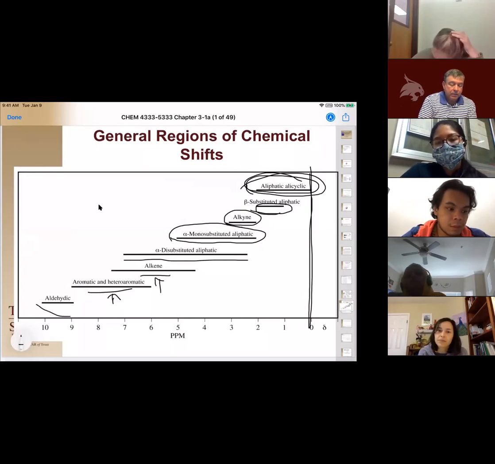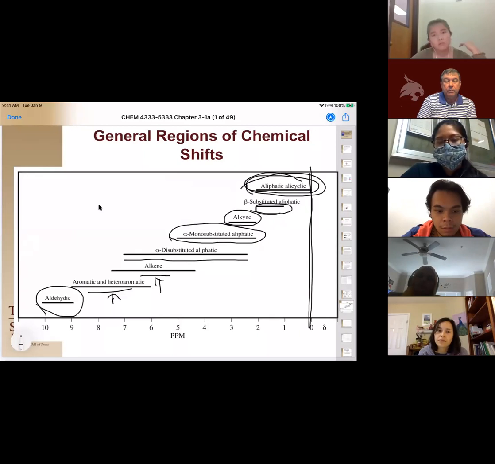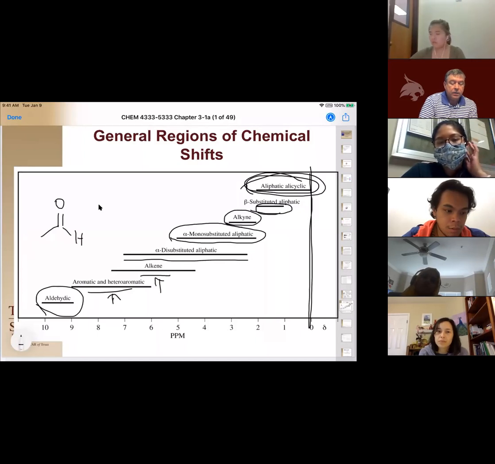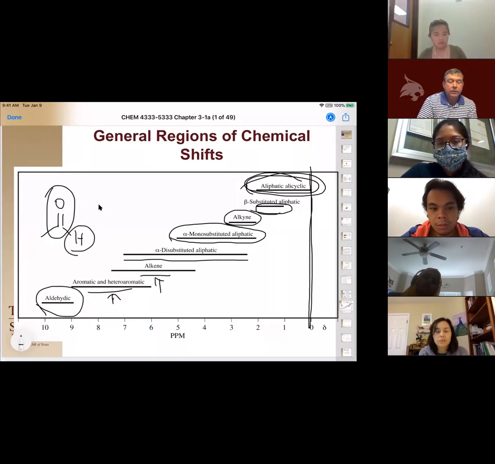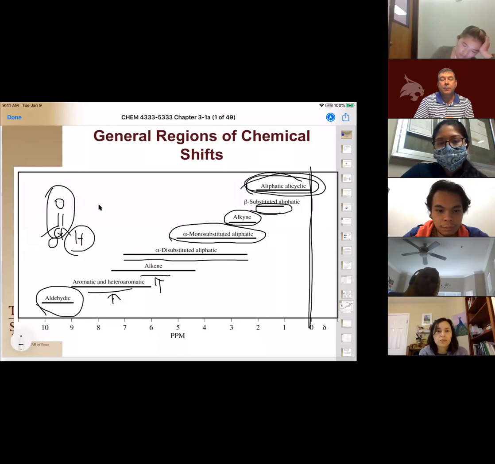And then the most extreme that we're going to show here, even though carboxylic acids are above this, is the aldehyde. Okay, so we have this right here, which has its own created magnetic field. We have an electron withdrawing group on this hydrogen, and we have a partially positive charge on that carbon.